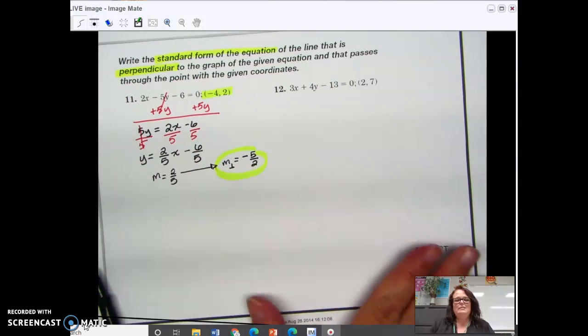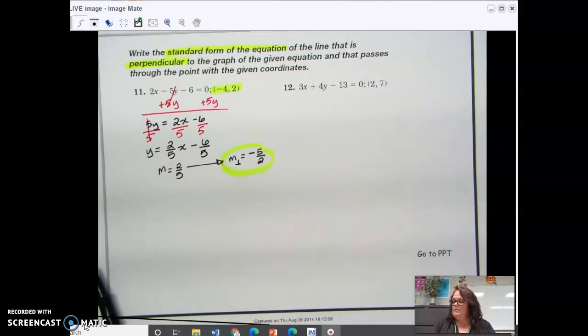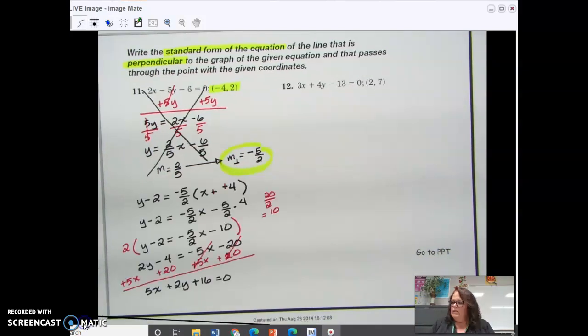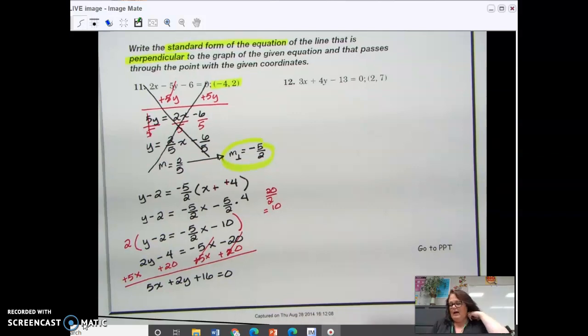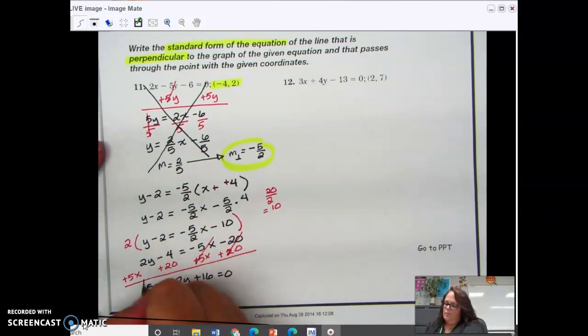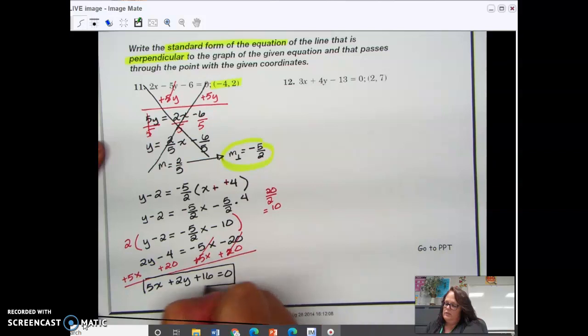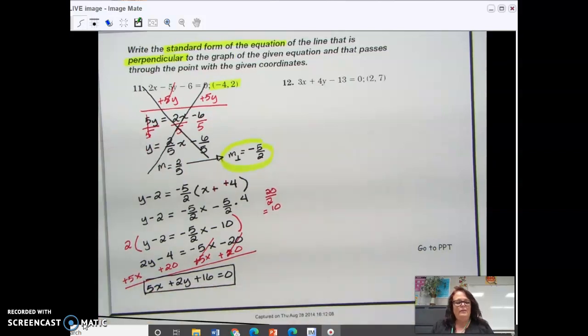And again, just because of the sake of time, I do have a 15-minute limit. I'm going to go ahead and show that work in just a second. So hopefully you got the same work that I did. And I multiplied everything through by 2 to get rid of the fraction. And when I added the 5x to both sides, it made that first coefficient positive.